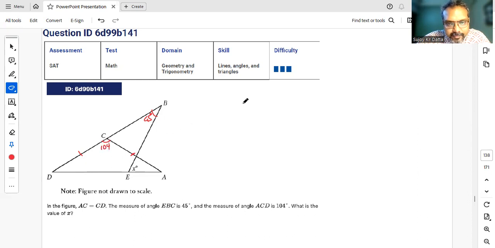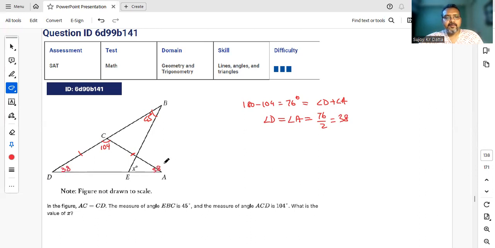So that means 180 minus 104, which is 76 degrees, is angle D plus angle A. And since they're equal, because it's an isosceles triangle with CD equal to CA, each of them would be 76 by 2. So that's 38 here and 38 there.